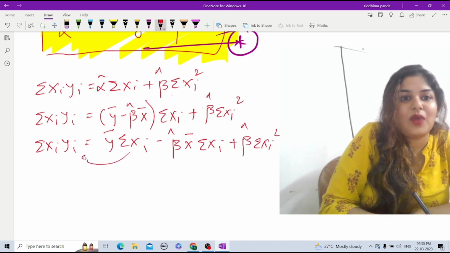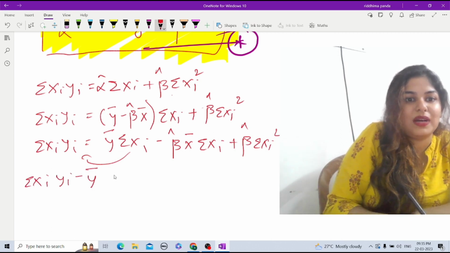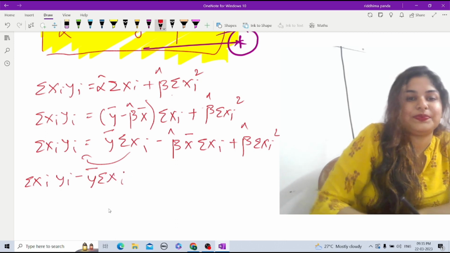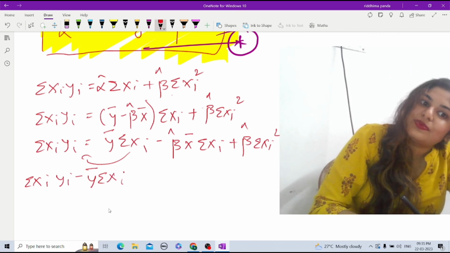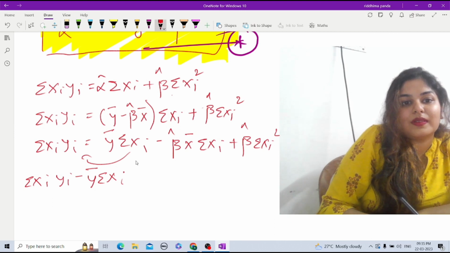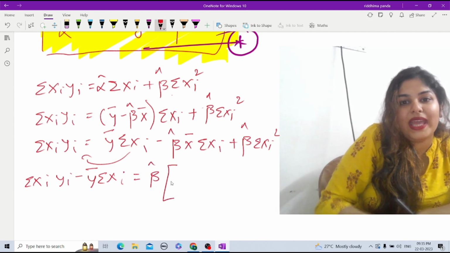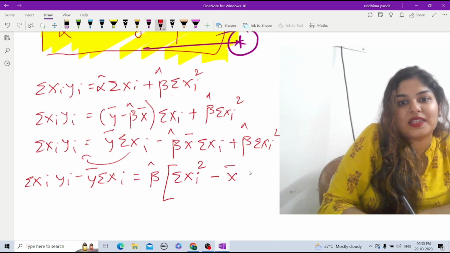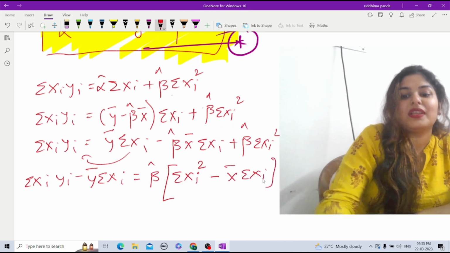Now let me take the y on the left side. So I have summation xi yi minus y bar summation xi. And on this side, let us take beta hat as common. So we have got summation xi square minus x bar into summation xi.